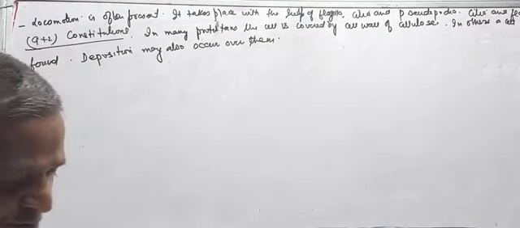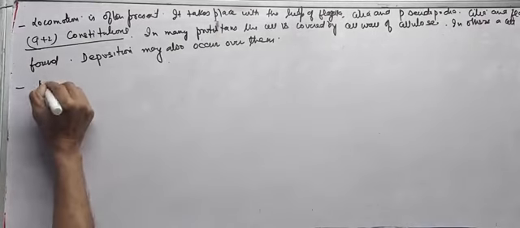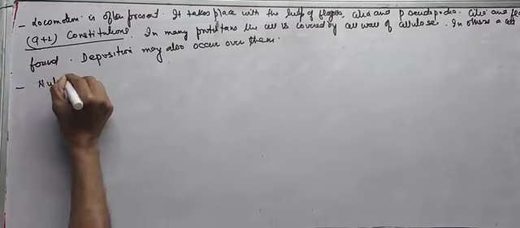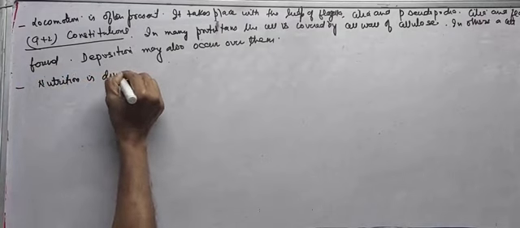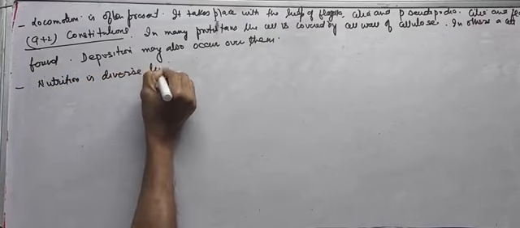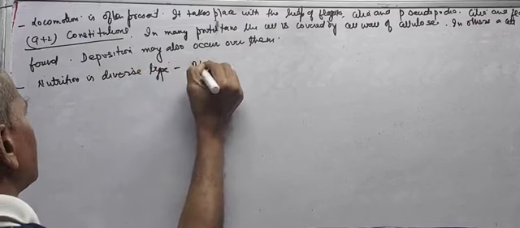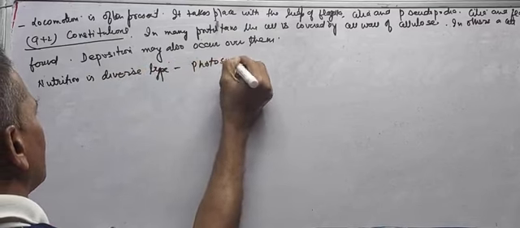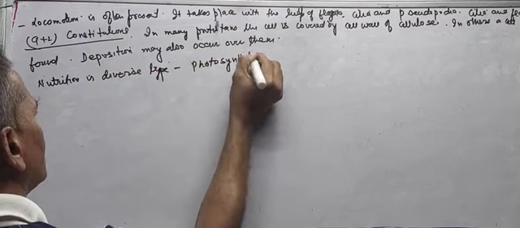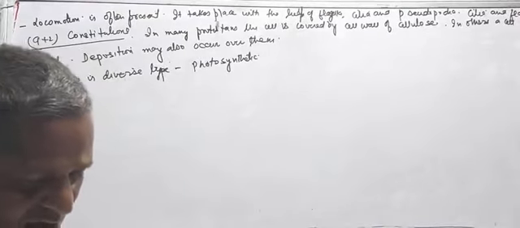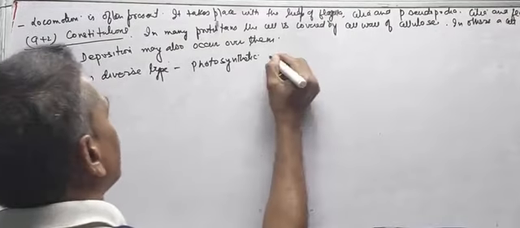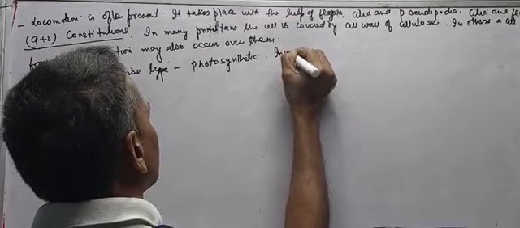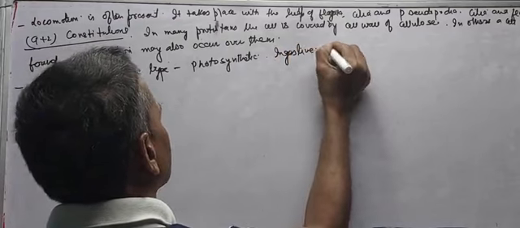Nutrition is of diverse type, that is photosynthetic, ingestive and absorptive.